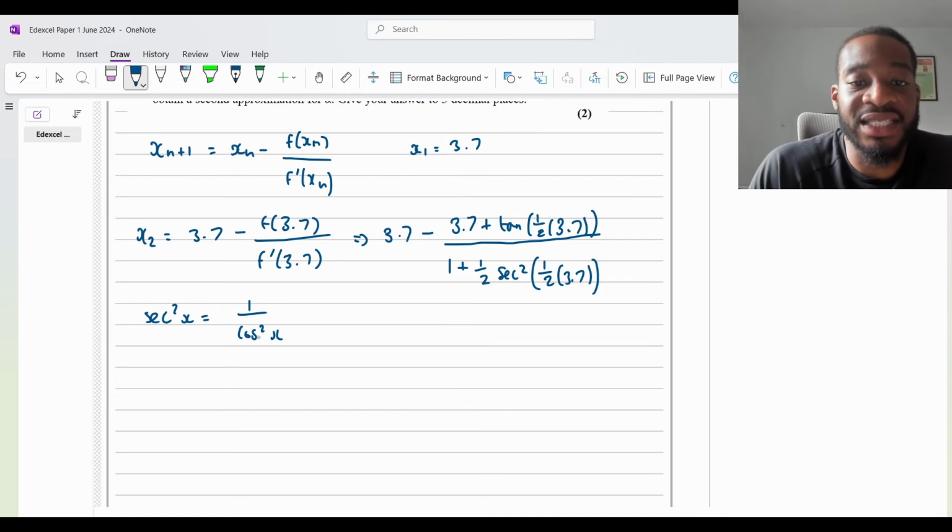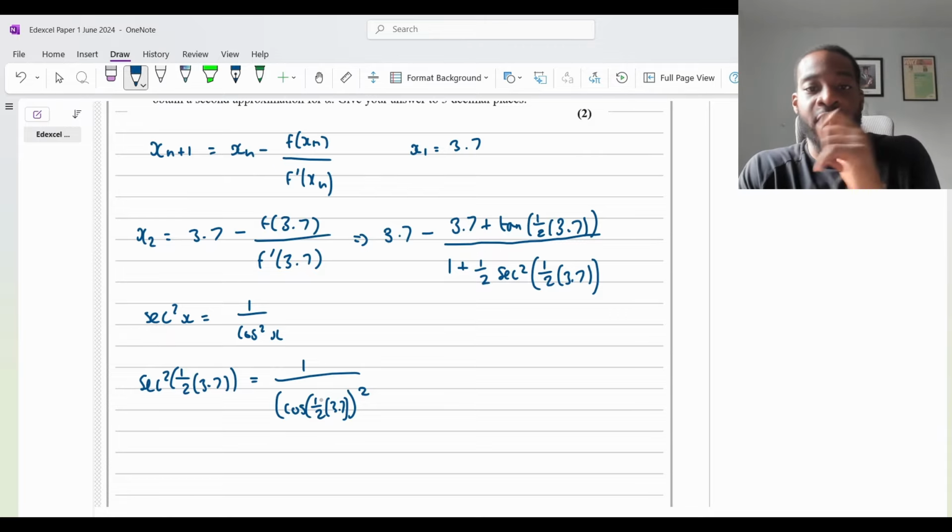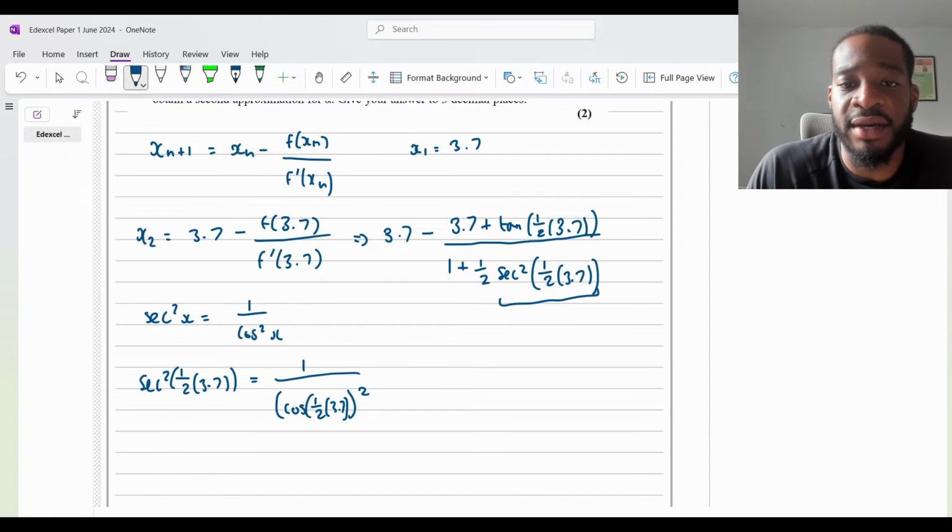So when I want to plug this in, I'm going to say sec squared of 1/2 3.7 is actually the same as 1 over, and I'm going to write the squared on the outside because this is how I do it in the calculator. It's going to be 1 over cosine of a half and then 3.7. So that's what I'm going to plug into my calculator in place of this one here.